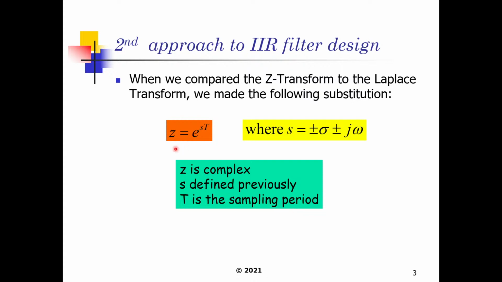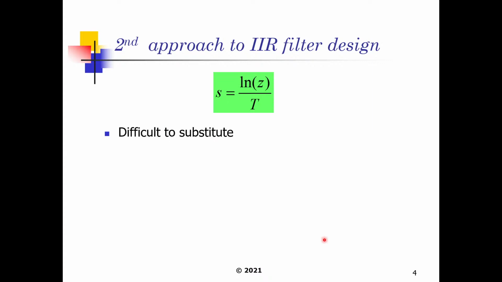So we're going to go back to our relationship between Z and S, and if we rearrange this equation to make S the subject of the formula, we see S is equal to ln Z divided by T. Now, it's very difficult to substitute this into any equation with S and try to get the equation back into terms of Z. So we're going to have to do an approximation for this ln function.